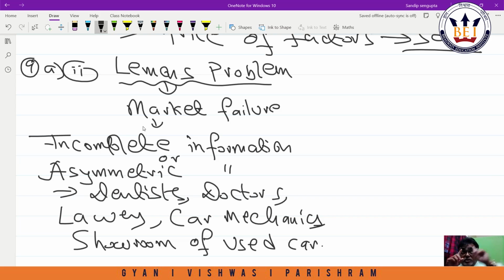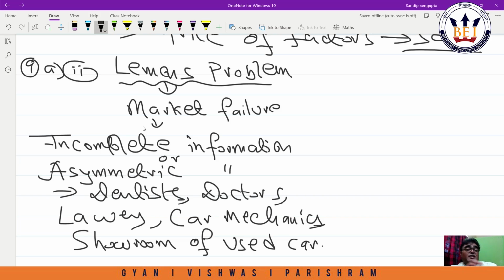So, on typical psychology, look, one person enters into this showroom of used car, and there are so many cars on display, but the car which has got lemon color, the person who enters, he will see this car first, and he will ask question on this car to the owner of the showroom.